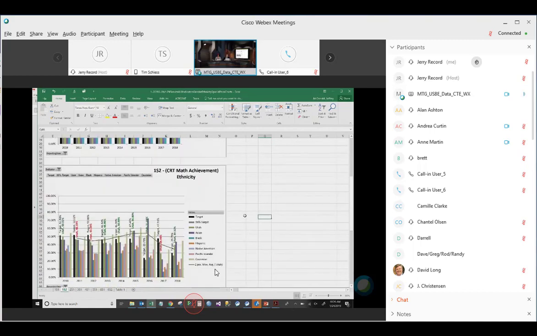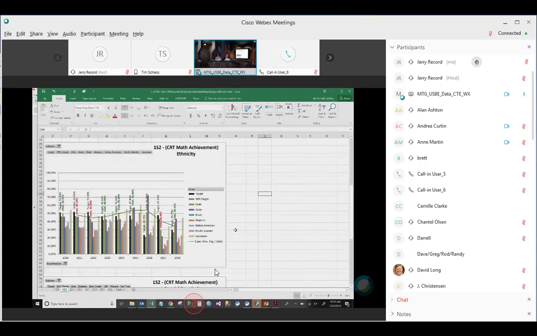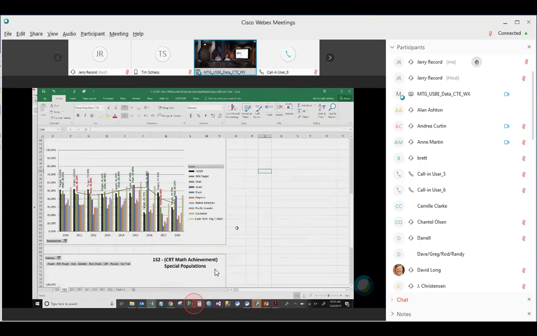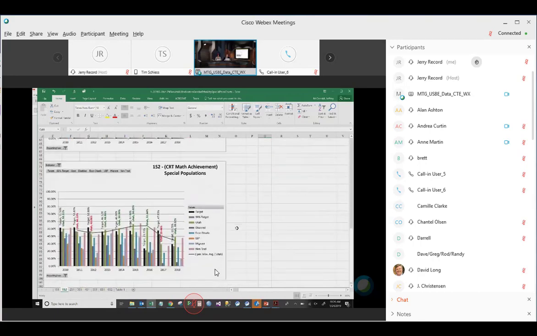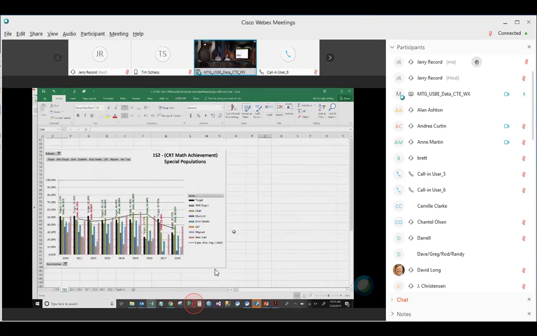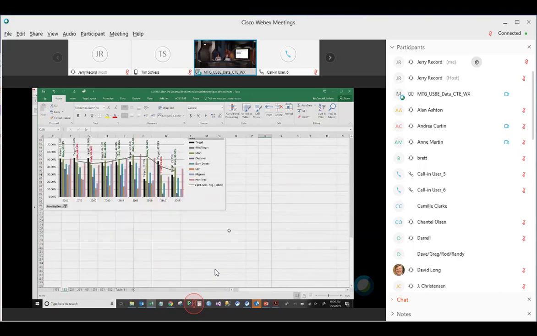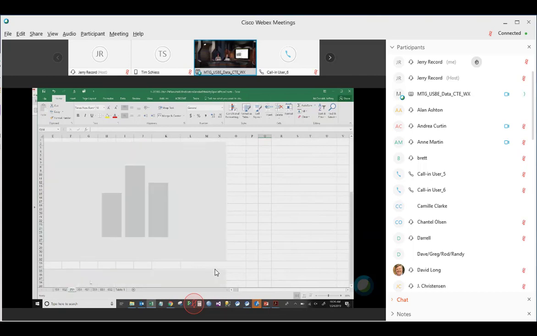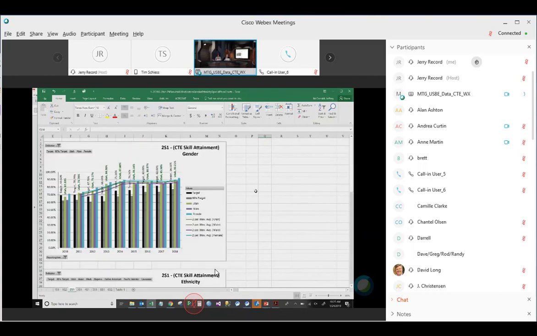These are the ethnic groups again. And then the special populations. 1S1, CTE skill attainment.